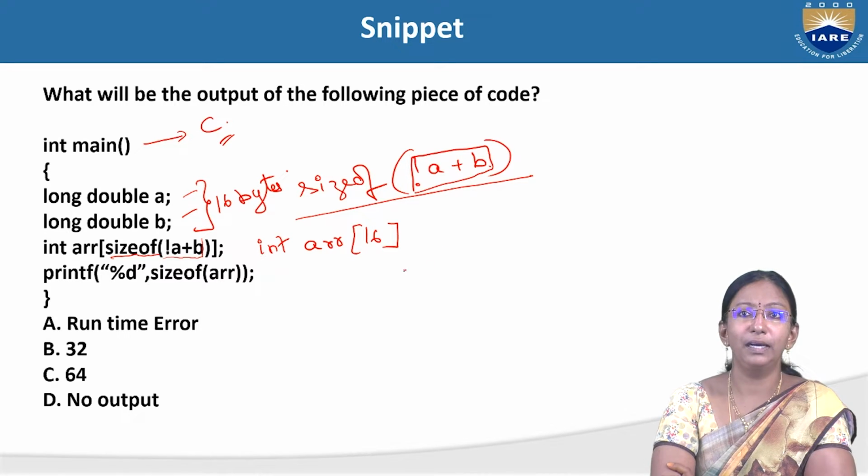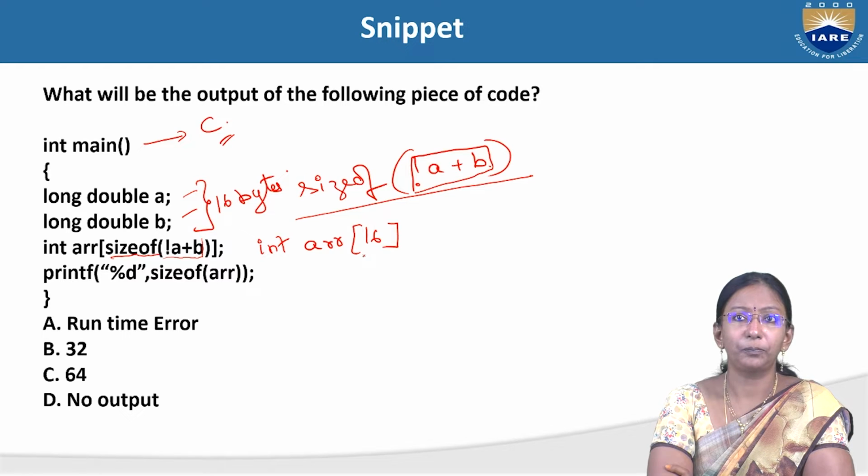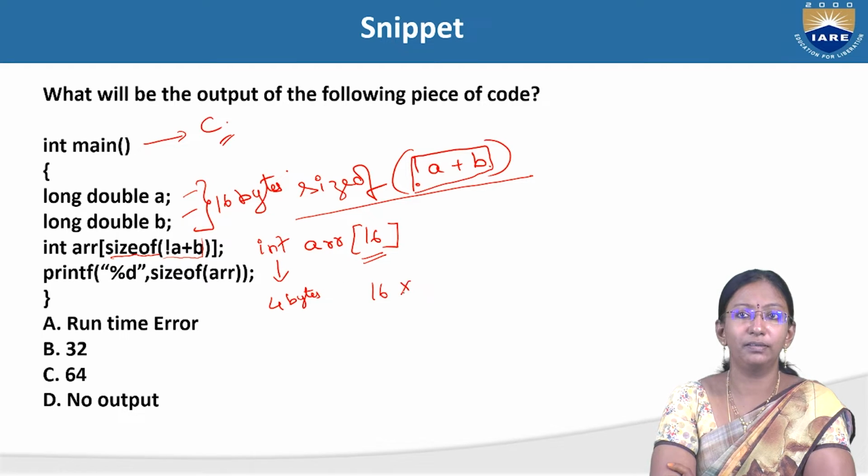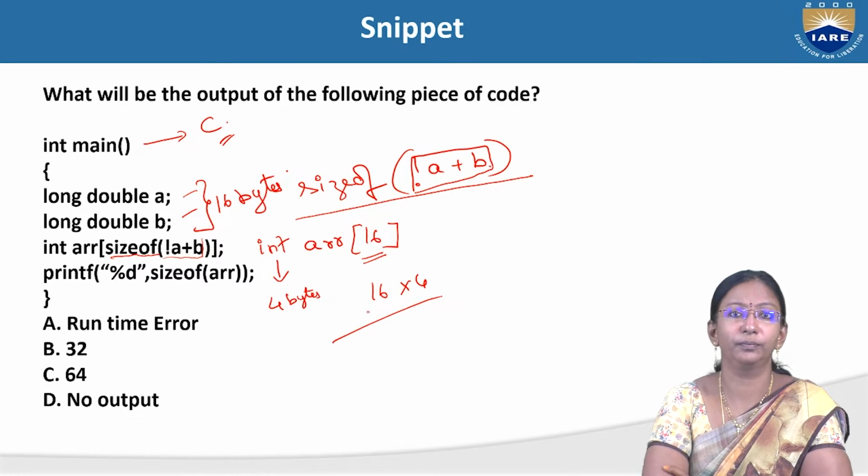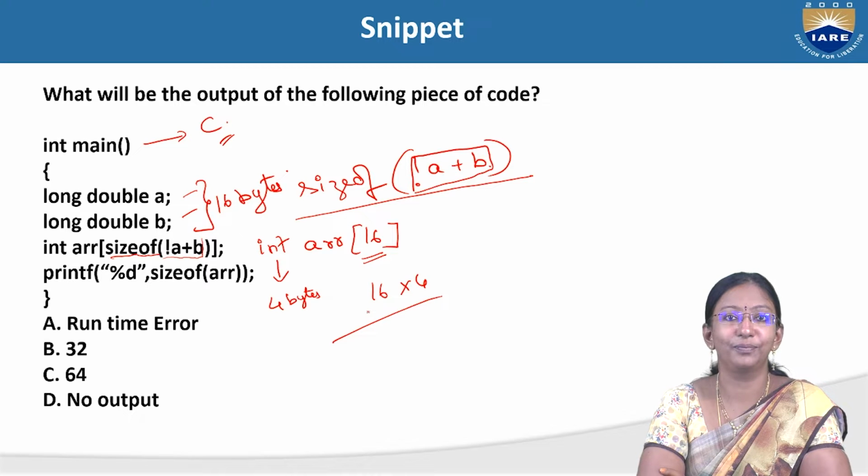It's quite simple, guys. You can see that this array has 16 elements. It can maximum accommodate 16 elements, and each element will be of type integer, right? And we all know that integers take 4 bytes. It's as simple as that. 16 fours is the answer.